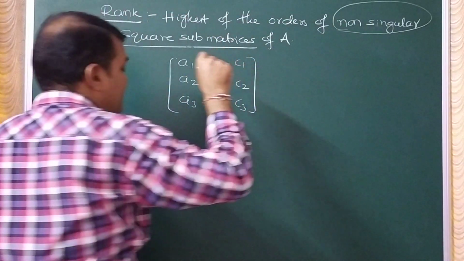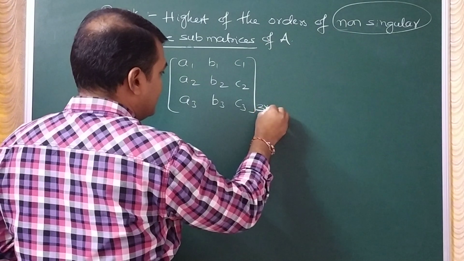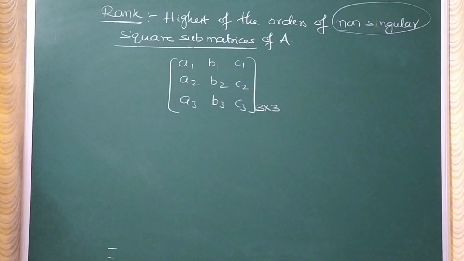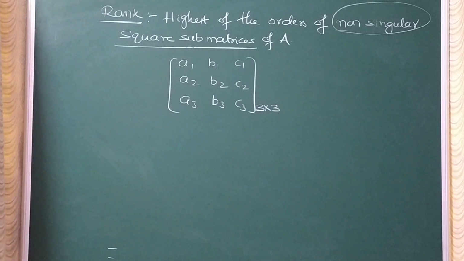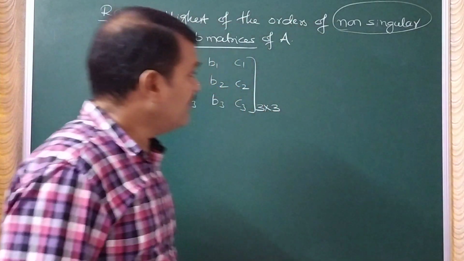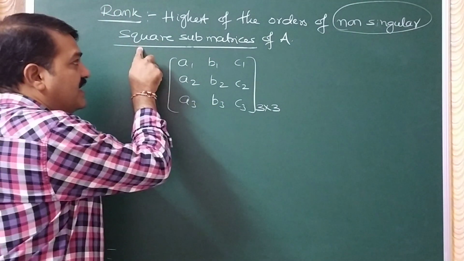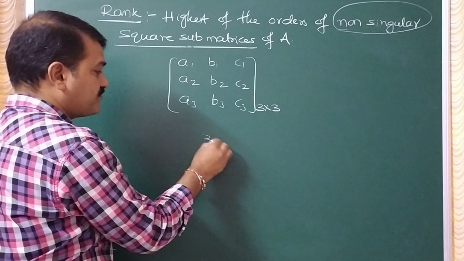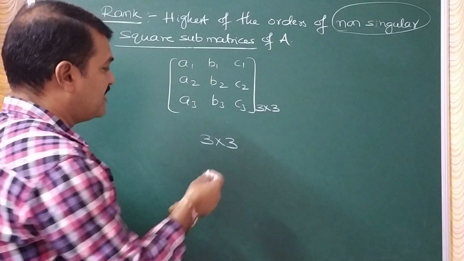Since this is a 3 by 3 square matrix, any matrix can be a submatrix of itself. So the matrix itself will be a submatrix, so a 3 by 3 submatrix is possible.